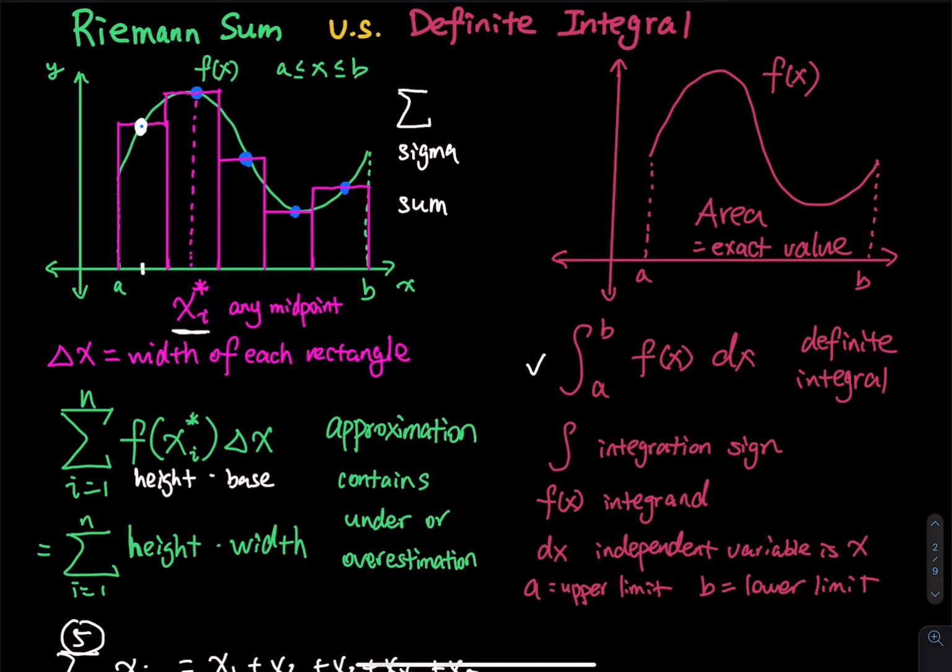So the Riemann sum is an approximation, because you are using rectangles to estimate the area, it contains overestimation and underestimation. But the definite integral is an exact value. So after you study the integral, we are no longer using the rectangles, the Riemann sum method, to calculate the area. We will use the integral to calculate the area.